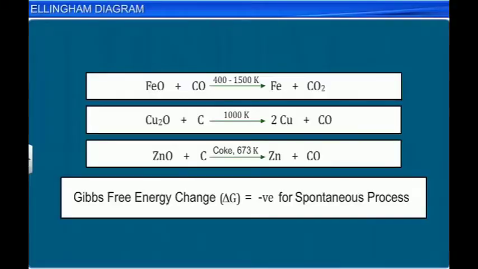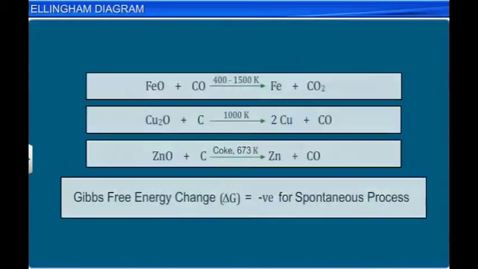Thermodynamics helps us in understanding the variation in temperature required for the thermal reduction of an oxide and to predict which element will be used as a reducing agent for a given metal oxide. The Gibbs free energy is the most important thermodynamic term. You already know that for a spontaneous reaction, the change in Gibbs energy, delta G, must be negative.